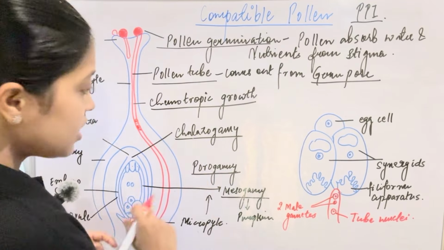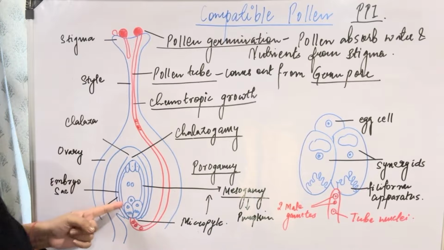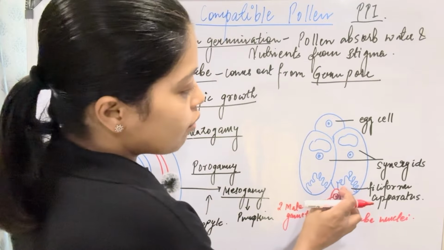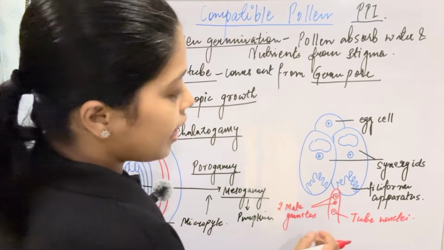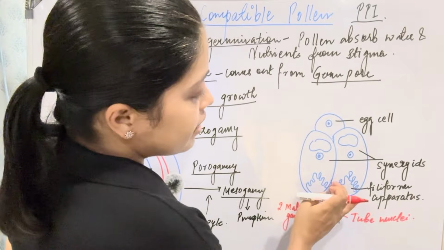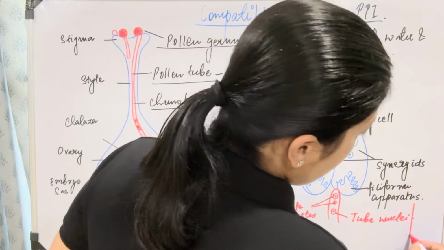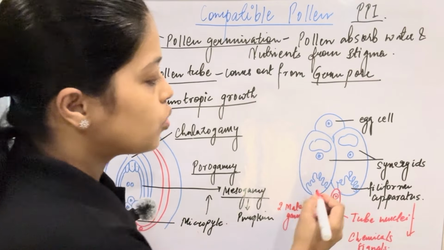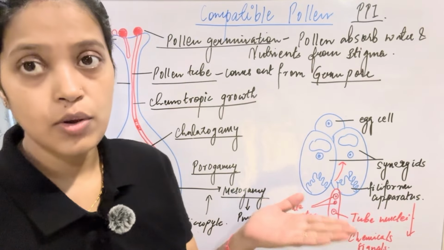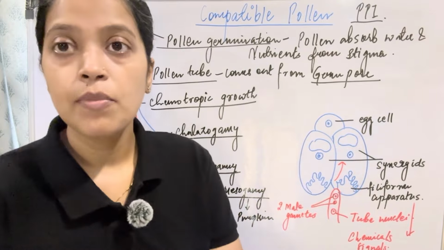This is the micropylar region, and I have made an enlarged figure of this part. This is the filiform apparatus. There are two synergids and one egg cell. The role of the synergids and the filiform apparatus is to release chemicals which help the pollen tube enter the embryo sac for fertilization of one of the male gametes with the egg cell.